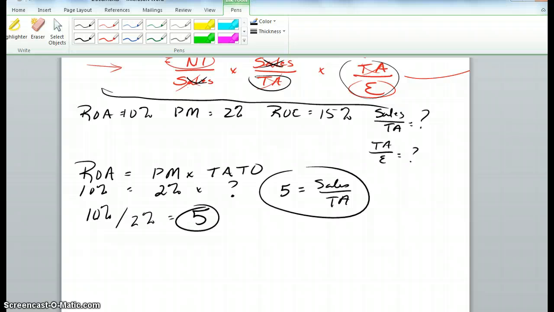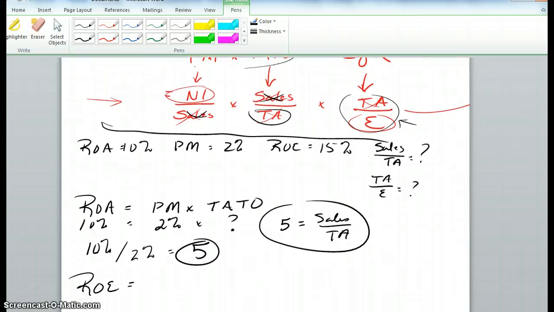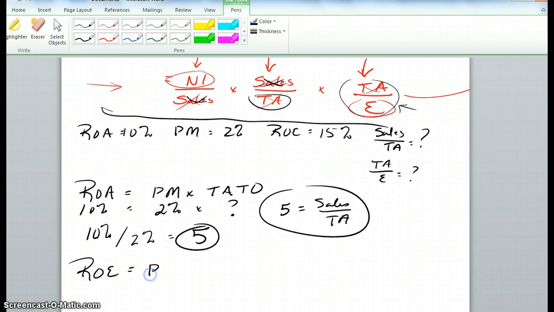Now we'll solve for the equity multiplier, which is total assets over equity. Using the DuPont formula, I know that return on equity equals profit margin times total asset turnover times equity multiplier, and we've been given return on equity is 15%.